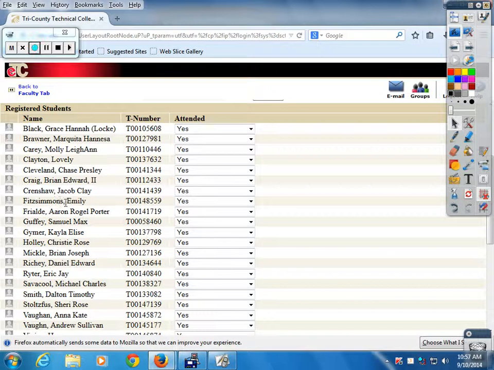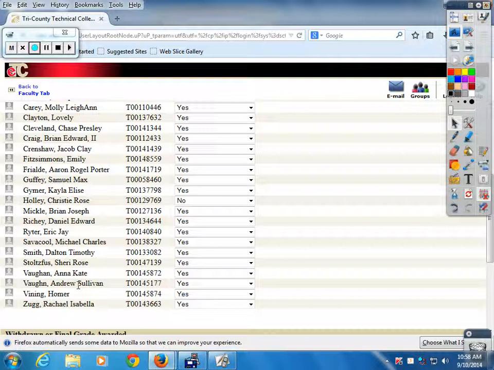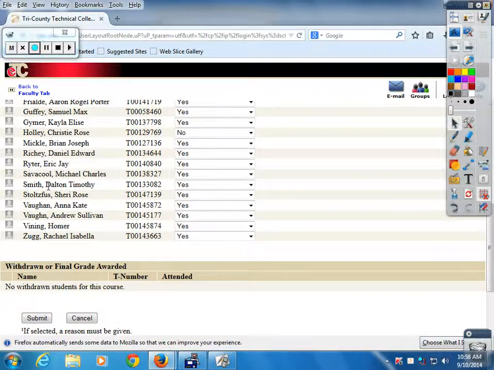Fitzsimmons, okay. Frialdi is here, right? Guffey, Geimer. Holly is not here. She had to go to the doctor. Mickle is here. Richie is here. Ryder is here. I'm learning some of y'all's names. Savakul is here. Smith, where are you? Okay. Stolfus. I'm sorry. Stolfus. Vaughn and Vaughn. One and where's the other one? There you are. And Vining, I'm learning some of y'all.